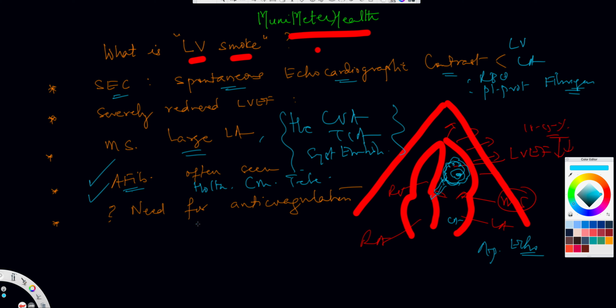It has negative connotations, obviously, because the prognosis is bad as a result of it. It's almost a precursor to coagulation, a coagulant state, if you will, and therefore the need for anticoagulation should be assessed on a case-to-case basis.